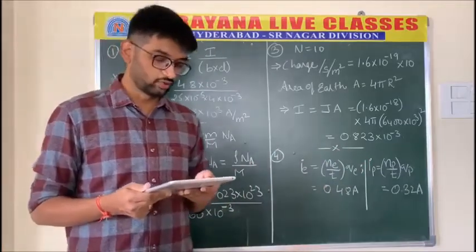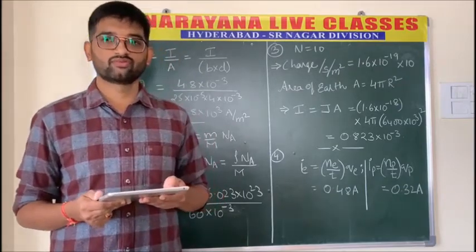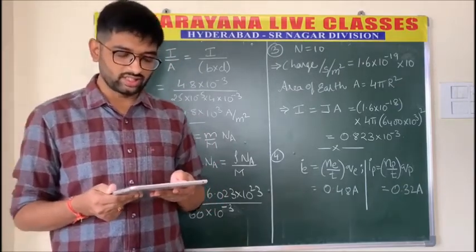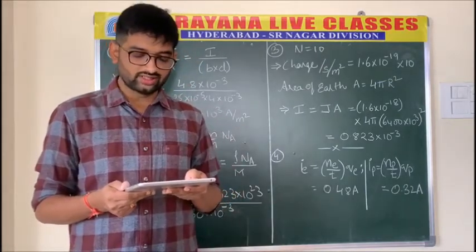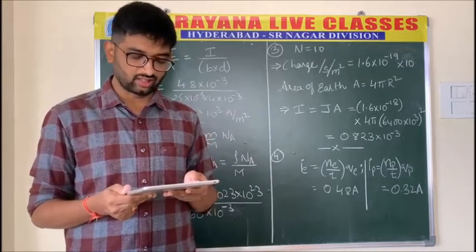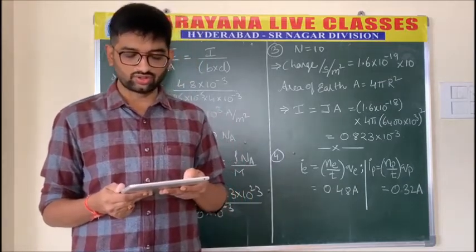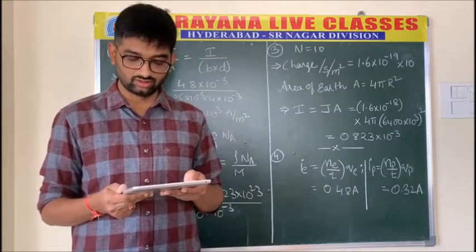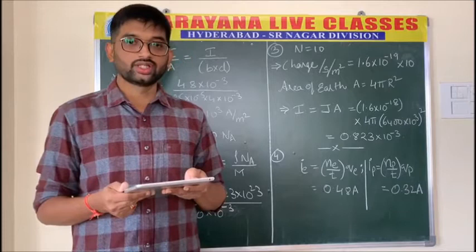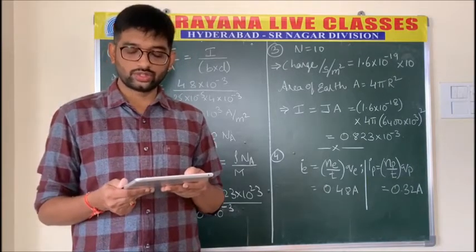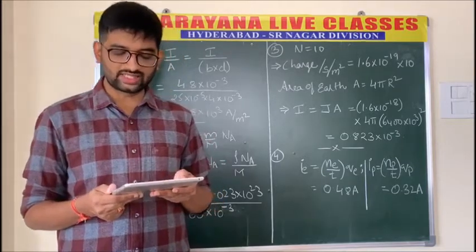Problem number 4. A current is established in a gas discharge tube when a sufficiently high potential difference is applied across the two electrodes. The gas ionizes, electrons move towards the positive terminal and positive ions move towards the negative terminal. What are the magnitudes of current in the hydrogen discharge tube in which 3 into 10 to the power of 18 electrons and 2 into 10 to the power of 18 protons move past the cross-sectional area of each tube in a second?